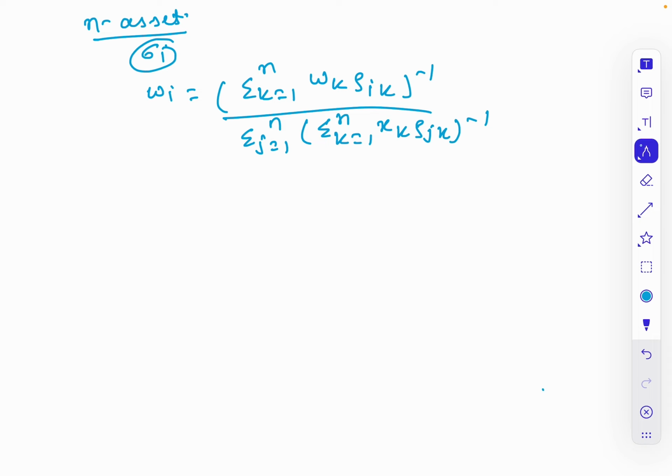Now you can see that in the expression of the weight of asset i, the weight of asset i term appears here also. So Wi itself is appearing in its own expression. This is a case of endogeneity.